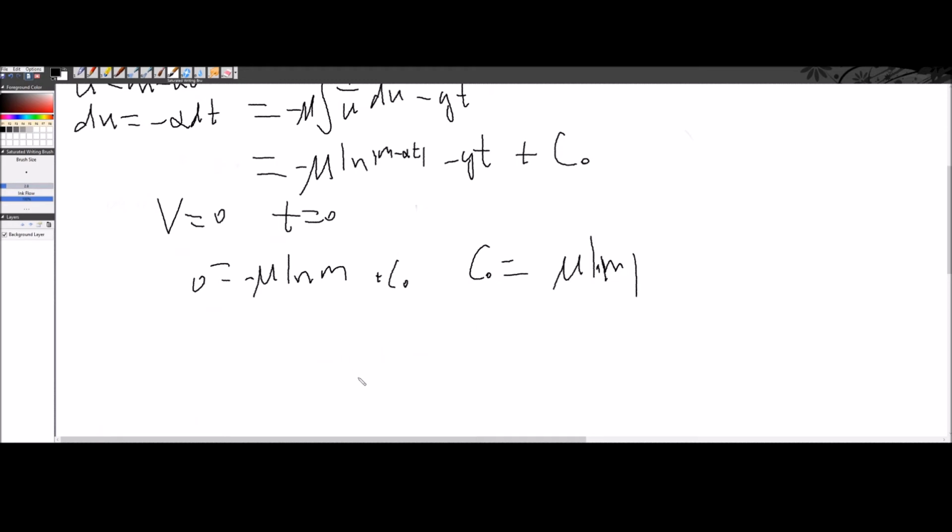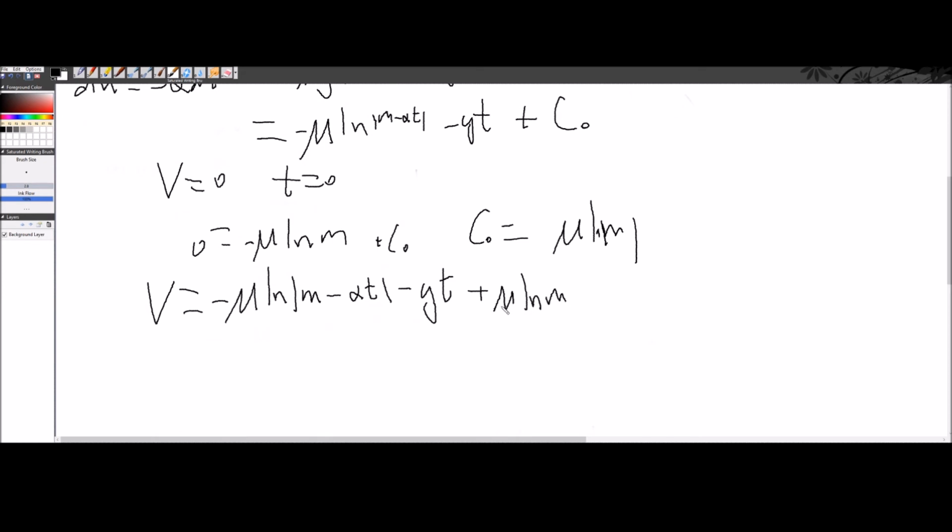I'm actually bad at writing. Okay, so your v is going to be negative mu ln (m minus alpha t) minus gt plus mu ln m. But you're going to combine these terms, right? If you want to combine this, you're going to make a minus here. So it's negative mu here, this can go into here.